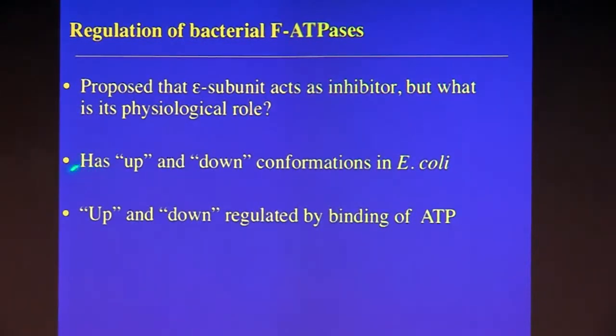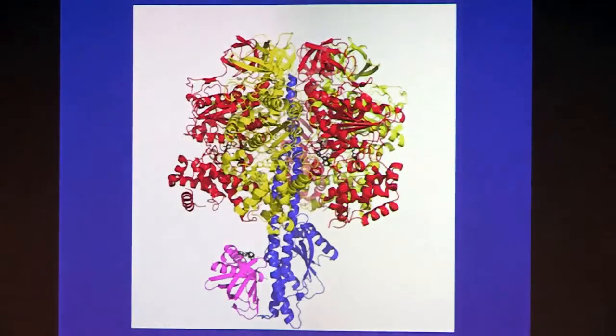It has been shown more or less convincingly now that this protein can assume what are called up and down conformations. And it's been proposed that those two conformations are regulated by the binding of an ATP molecule to this epsilon protein. So there's nothing to do directly with the catalytic sites. It's another site where ATP is bound.